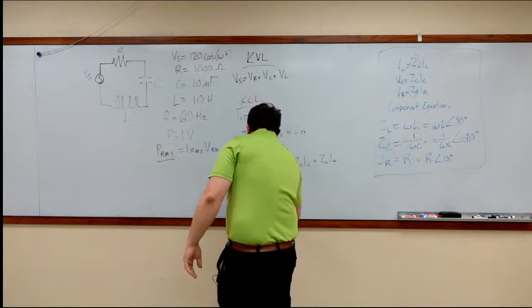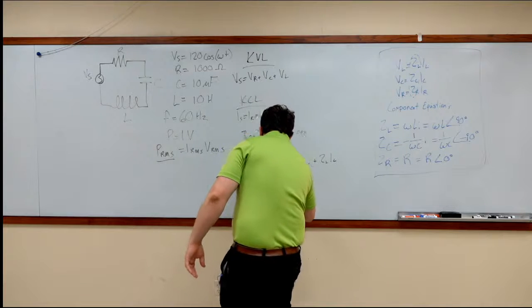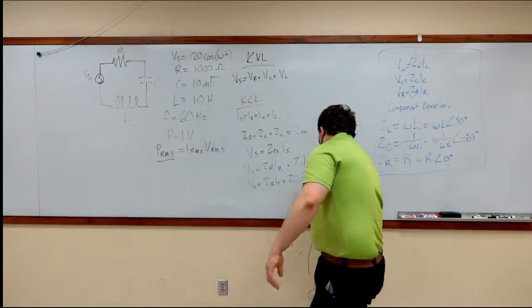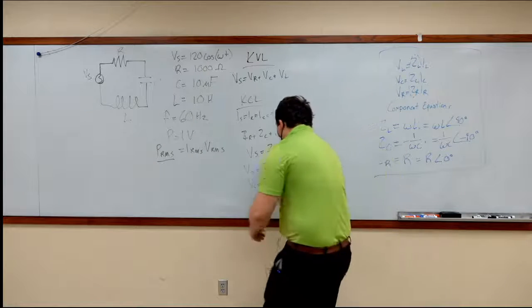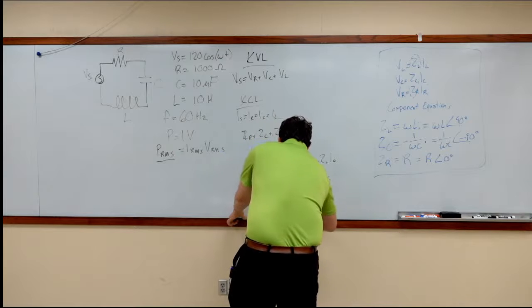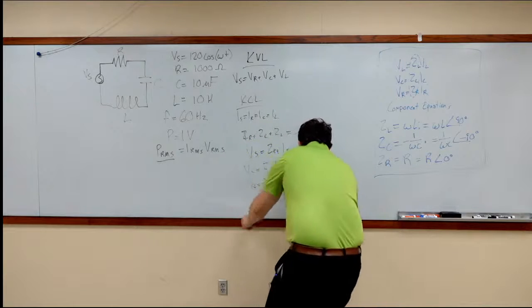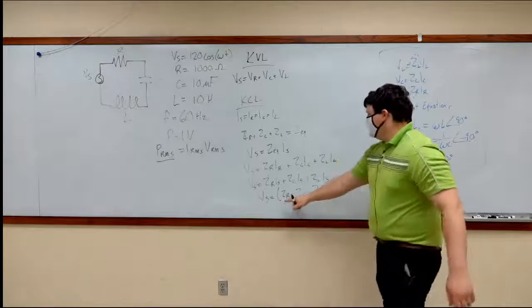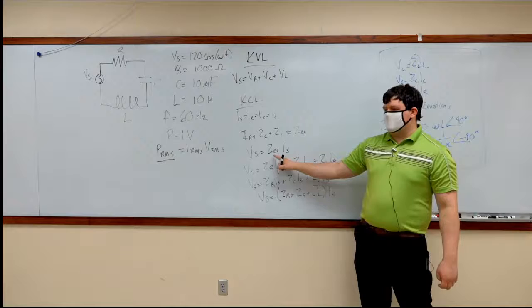So this becomes Vs is equal to ZR IS plus ZC IS plus ZL IS. We can simplify that to Vs is equal to ZR plus ZC plus ZL times IS. Or this is our Z equivalent.